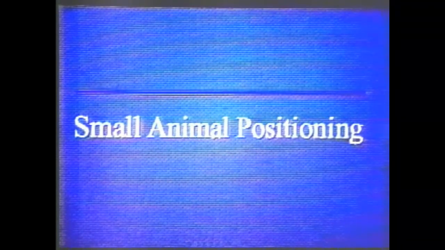When the personnel must be in the room, then the third area of protection is shielding. We have demonstrated the use of gloves, aprons, and other protective devices whenever the personnel must be in the room so that their exposure will be as low as possible.